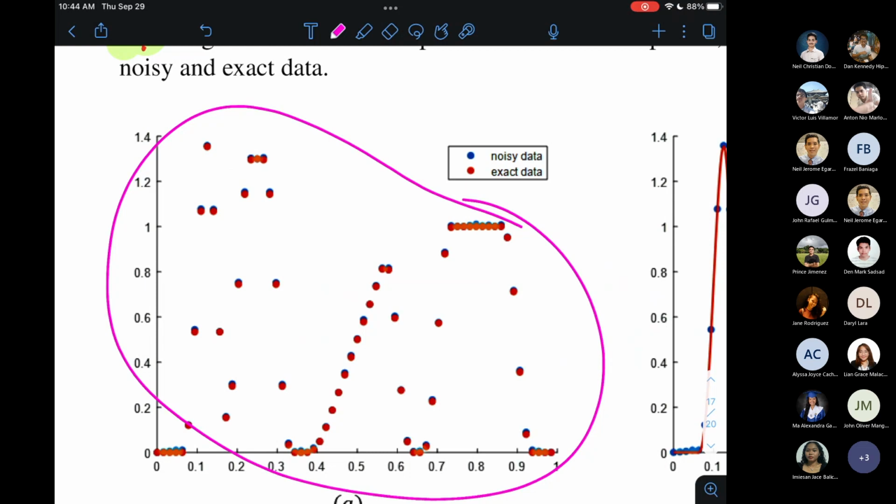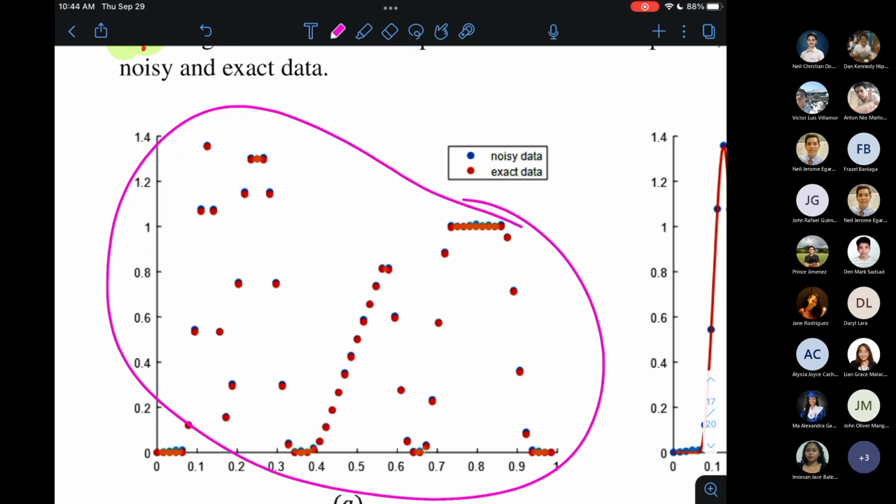So makikita nyo rito, hindi ganun nagkakalayo yung blue dots at saka yung orange dots because I chose the blue dots so that the L2 norm of the error vector or the noise vector ay equal kay 1% nung norm nung exact data. So dun sa 64 data points, paghati-hatian nila yung 1% na allotted noise. Kaya makikita nyo almost nag-overlap pa rin sila.